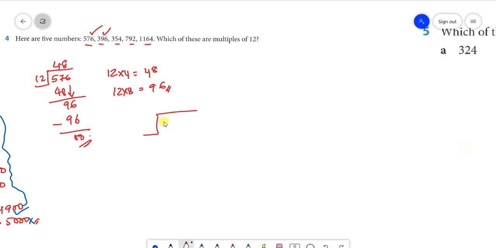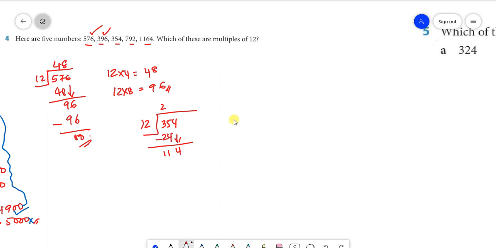354 and we have 12. So we can start with 12 times 2 is 24. Once we subtract, we have 11, and we bring the 4 down, we have 114.